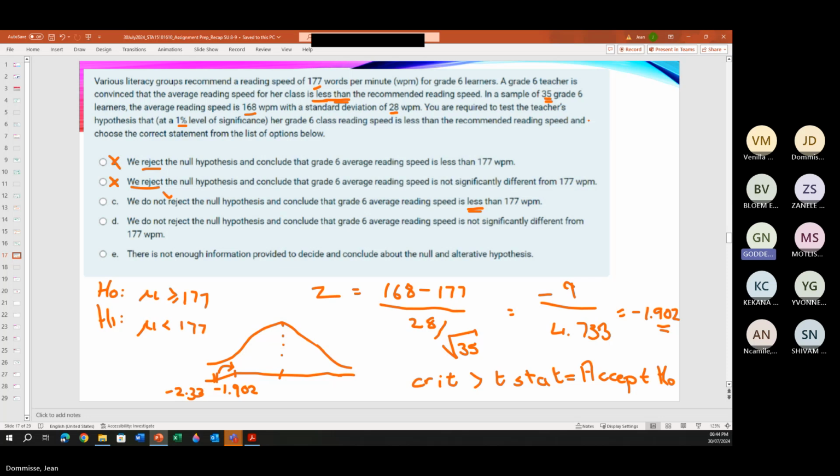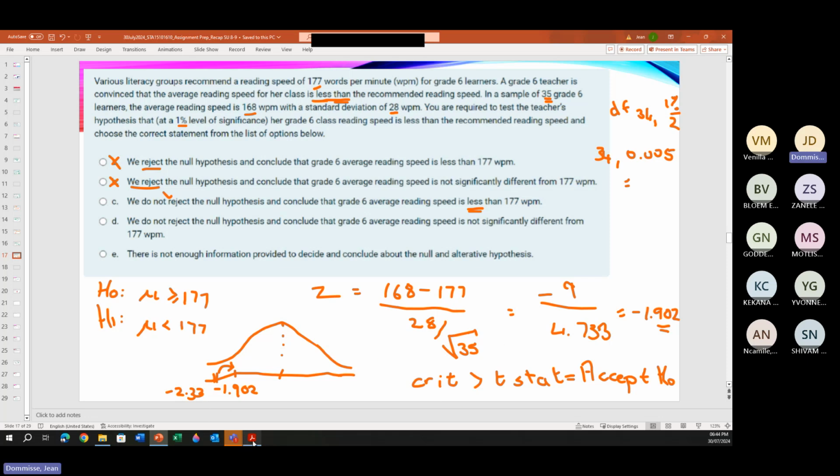Yes, so degrees of freedom will be 34 at that 1%. So 1% divided by 2, so 34 and 0,005. It's also still going to be a very big number.